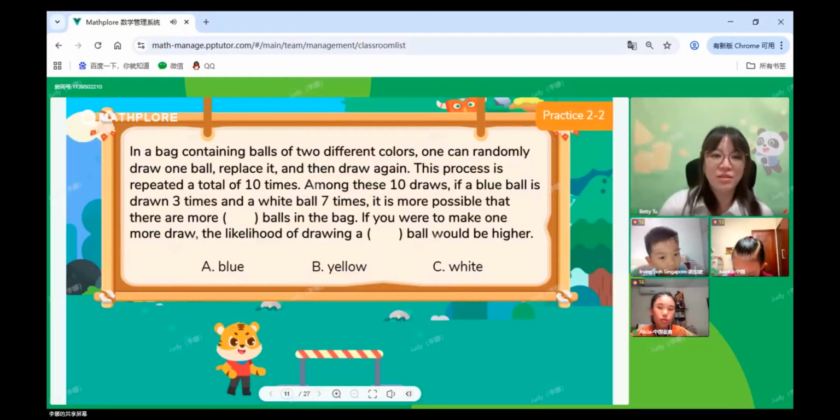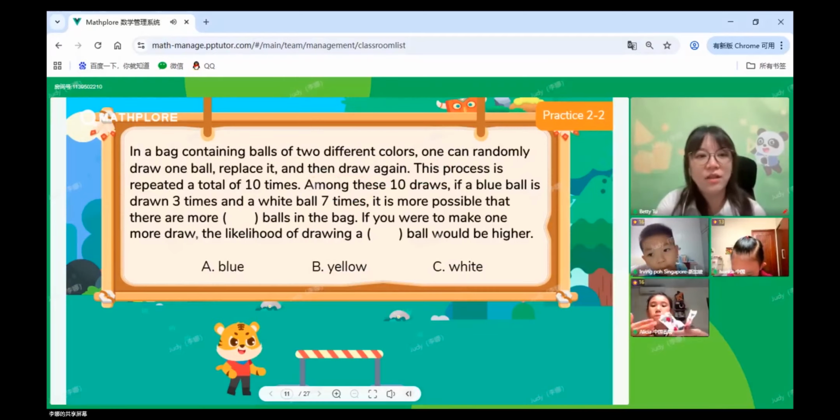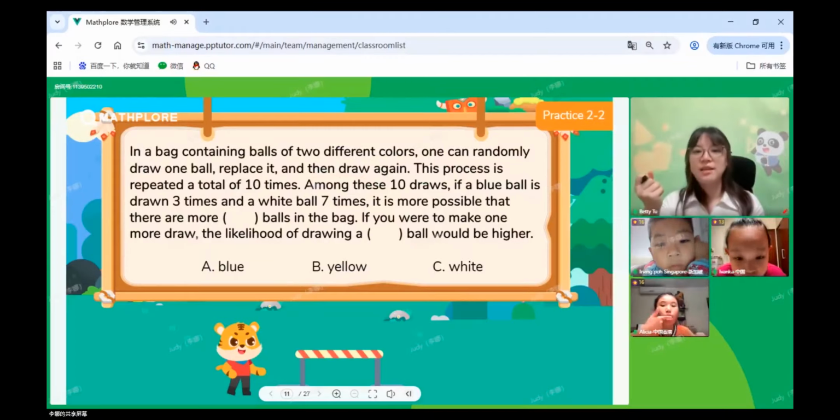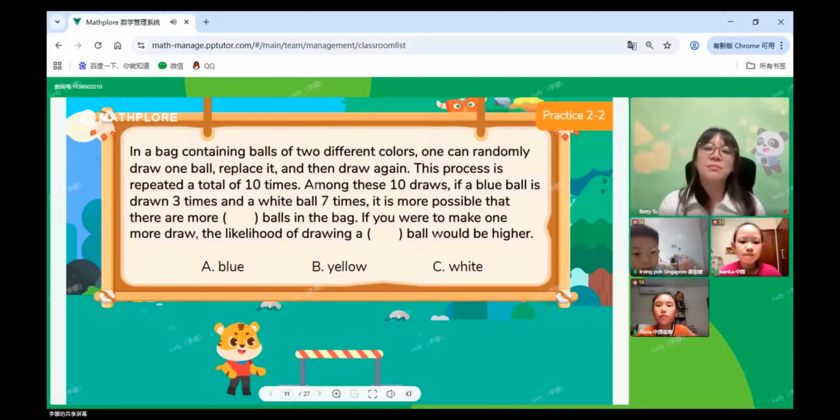Okay, let me read the question, and listen carefully. In a bag containing balls of 2 different colors, white and blue, one can randomly draw one ball, replace it, and then draw again. The process is repeated a total of 10 times. Among these 10 draws, a blue ball is drawn 3 times and a white ball 7 times.